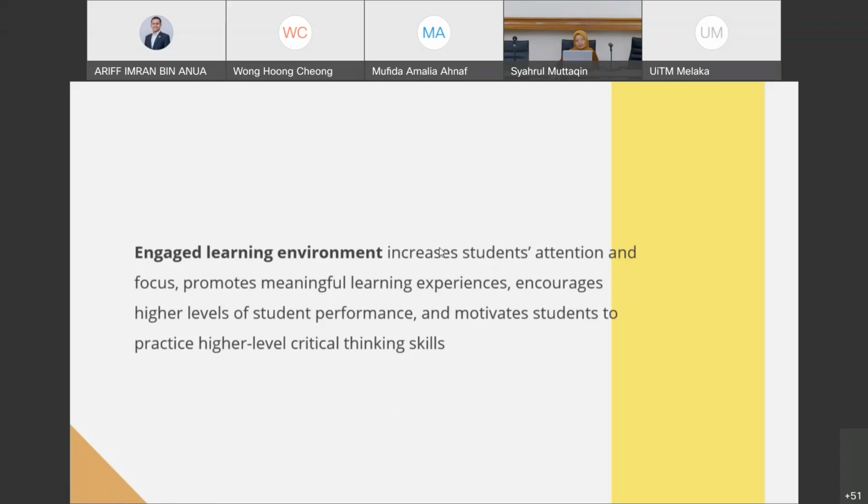And when the teachers are engaged in an engaged learning environment, it will motivate students to practice high level critical thinking skills. And this skill is badly needed nowadays.